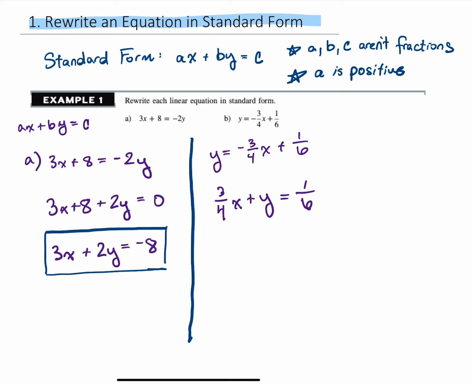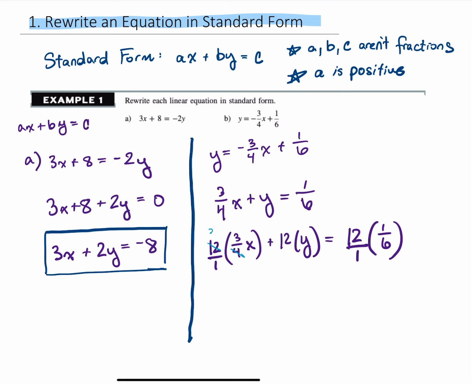So let's write that out first. So 12 times the first term plus 12 times the second term equals 12 times the 1 over 6. And we can view this as 12 over 1, and that can help see how this would reduce. Like 4 goes into 12 3 times, and 6 goes into 12 2 times.